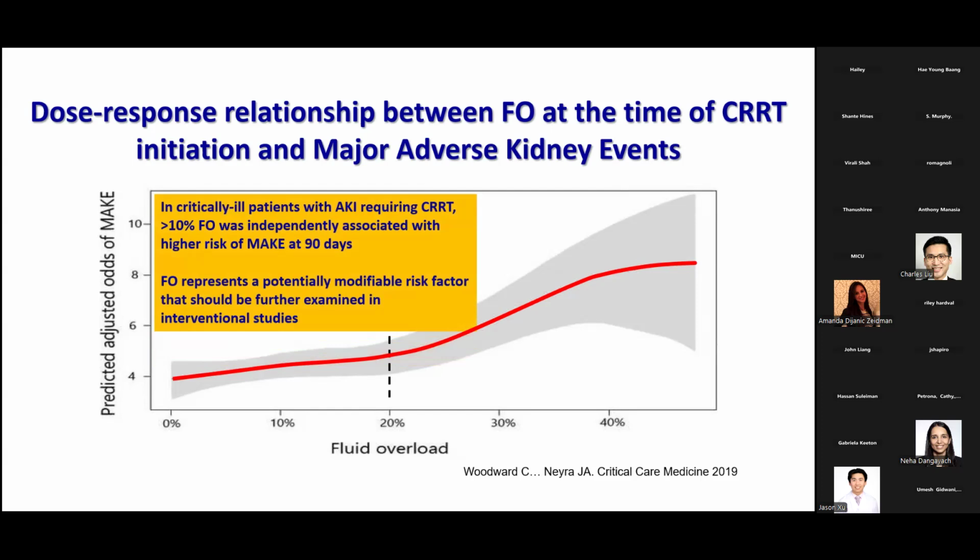And when we model a fluid overload cutoff of 10%, this significantly increased the risk at least 2 or 3 times of developing MAKE in the following 90 days. So similar to the prior study, looking at a shorter outcome at 90 days, epidemiologically relevant like MAKE, you can see that there is a relationship.